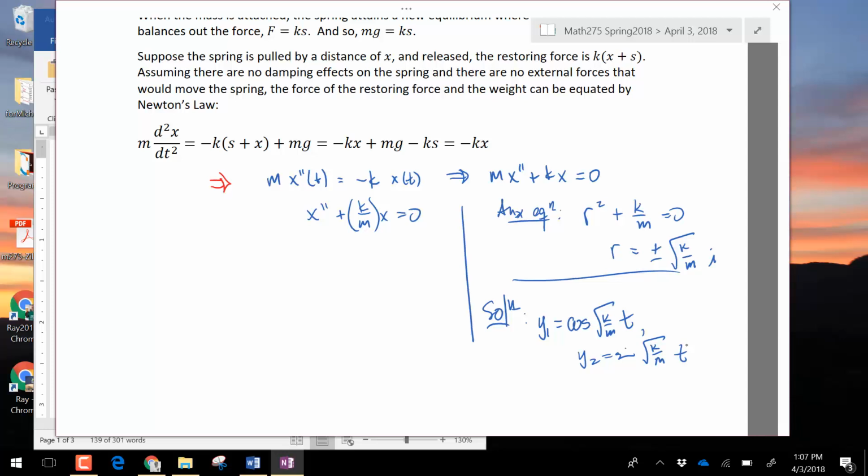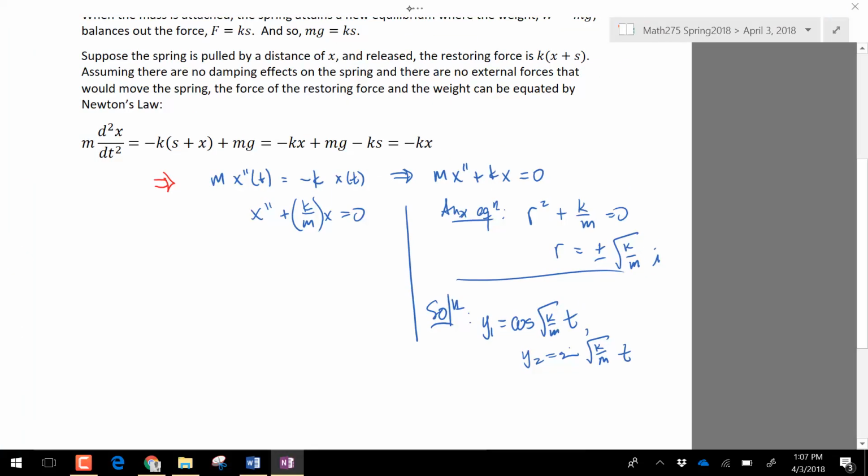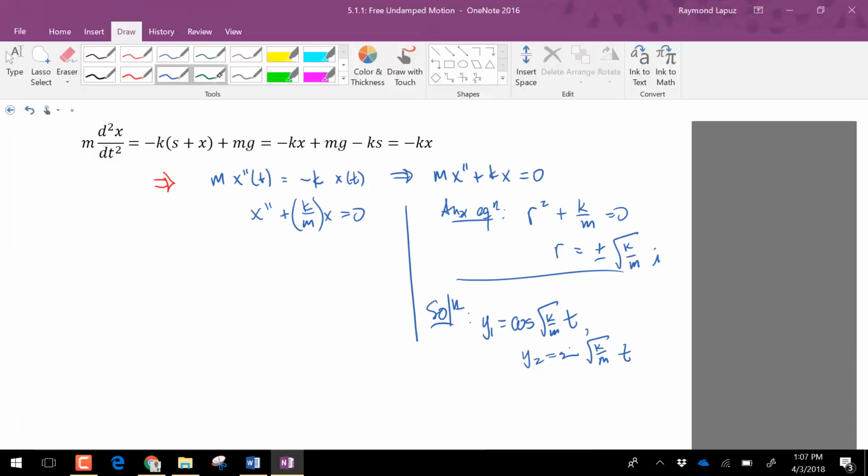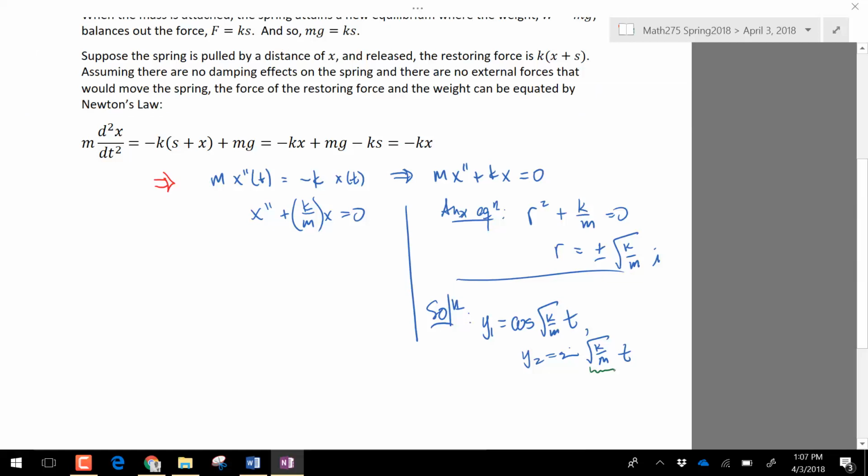So the square root of k over m describes some sort of frequency, and they have a symbol for frequency in general when they do stuff in physics. And what's that? You guys know? Sometimes they call this omega.